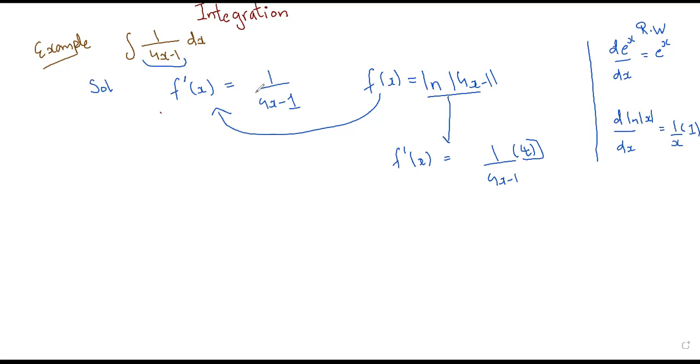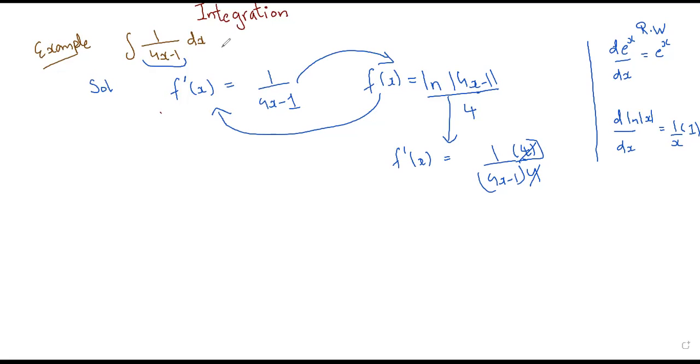But in our case, we have this, right? Since we need a 4 in the numerator, we will basically divide by 4 here, because then if we differentiate this function, I would have had a 4 in the denominator as well, and this would be cancelled. So then I would have this derivative, right? If I have this derivative, this would be my function. This would be the integral.